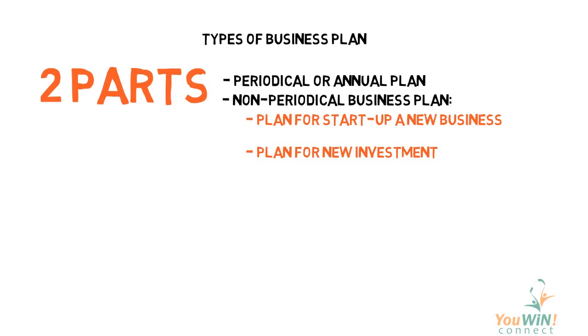It is generally done as a necessity for a company, either at startup or when they need to raise capital or to get a new license. This business plan can also be used as guidance for management in terms of operational directions.